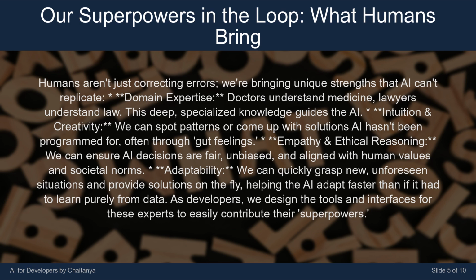We can ensure AI decisions are fair, unbiased, and aligned with human values and societal norms. Adaptability. We can quickly grasp new, unforeseen situations and provide solutions on the fly, helping the AI adapt faster than if it had to learn purely from data. As developers, we design the tools and interfaces for these experts to easily contribute their superpowers.